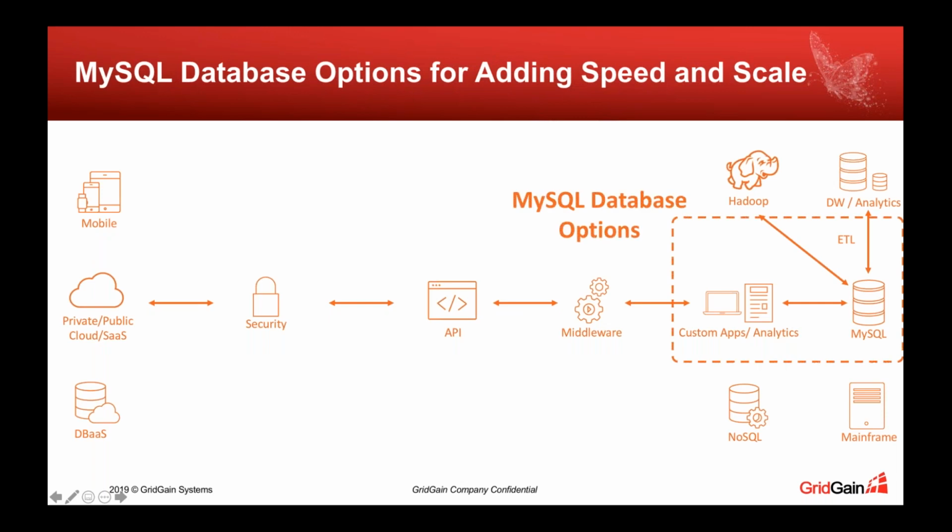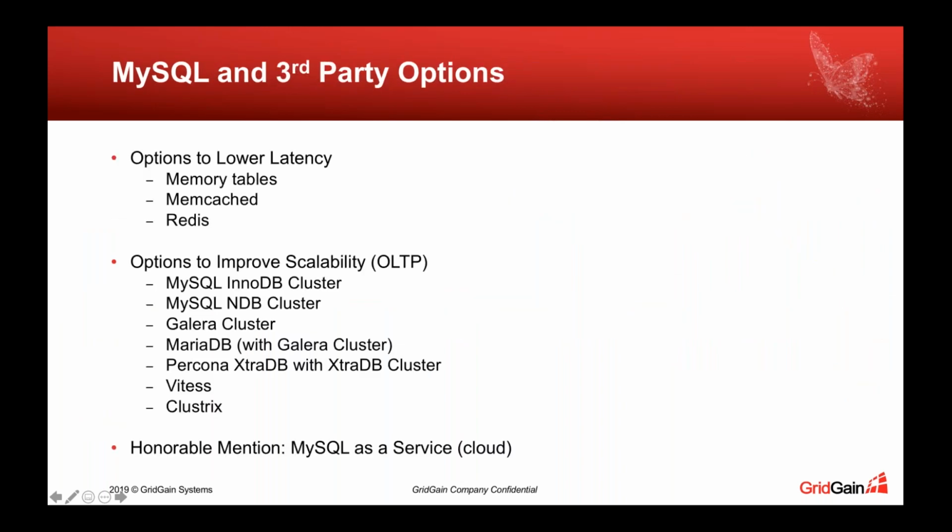So we're going to start by looking at the options within the MySQL community, which is actually larger than many people may realize. We're going to look first at how you lower latency. What are your options for lowering latency or adding speed to MySQL? Then we're going to go into the longer list of how you improve scalability, read and write scalability, as well as data set or data size scalability.